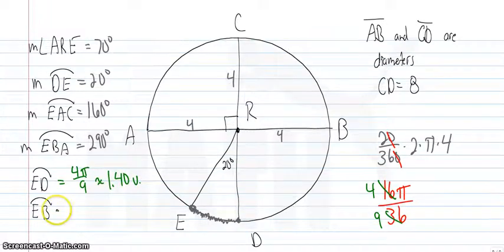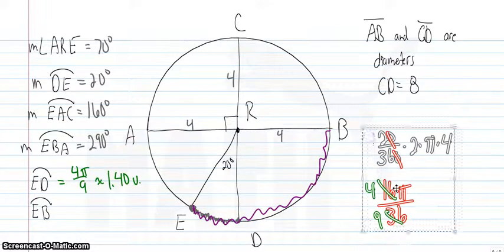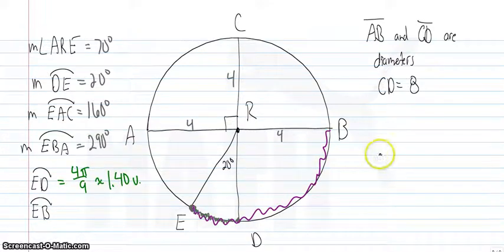Then we're asked to find the length of arc EB. There's only 2 letters, so it means we're dealing with the minor arc. What is that length? A lot of this will have the same numbers as the previous one. This time the central angle is 20 plus 90, so 110 over 360 times 2 times pi times the radius of 4.